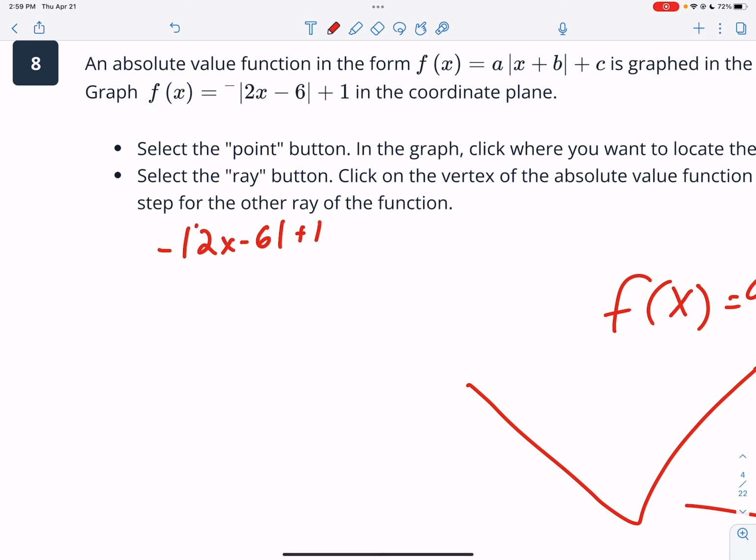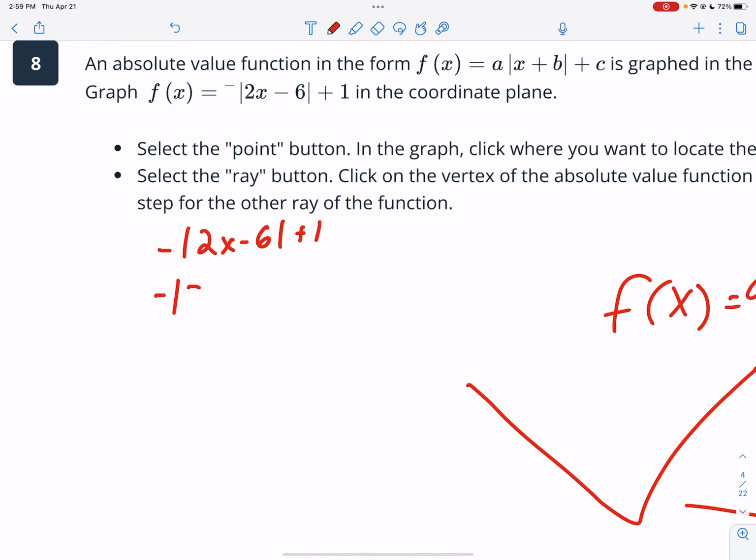I'm only used to dealing with my 2 being outside of my absolute value, and we can use a property or two of absolute values to look at this. There are other ways to do this, but I just want to show you a way using transformations. So one thing I want to do is factor a 2 out of both of those right there.